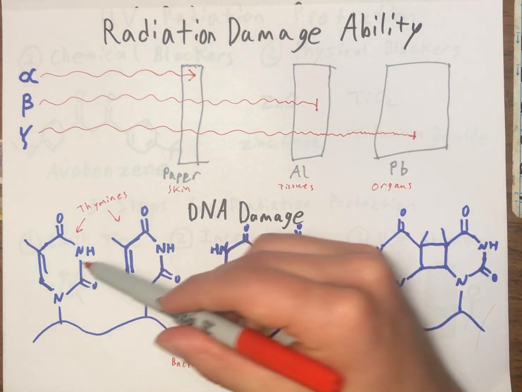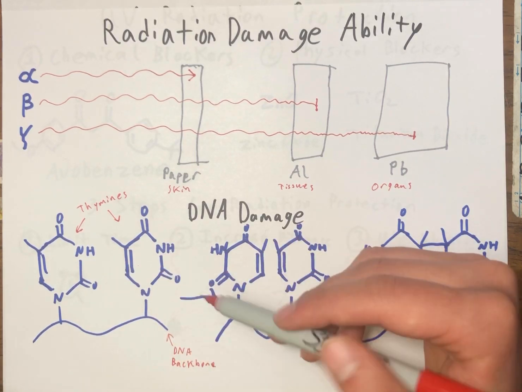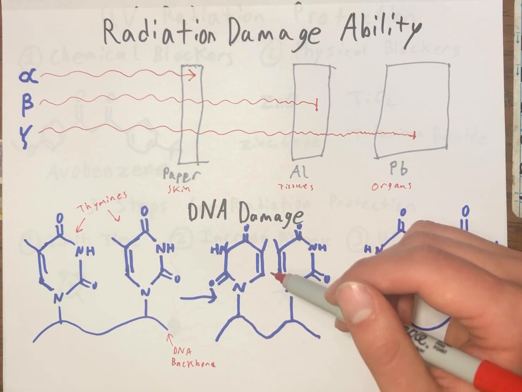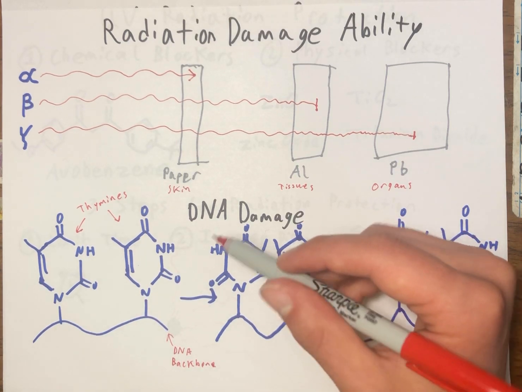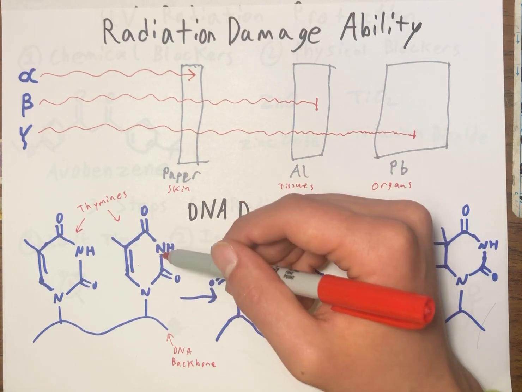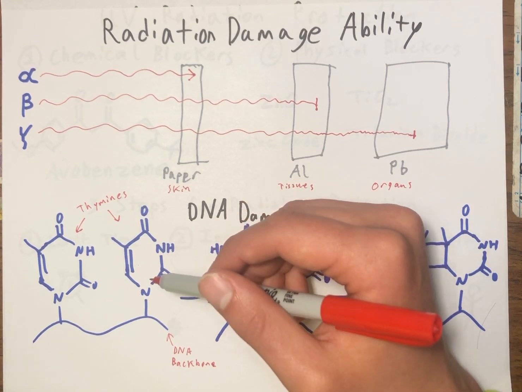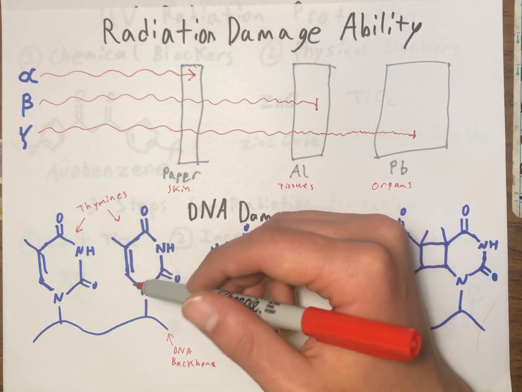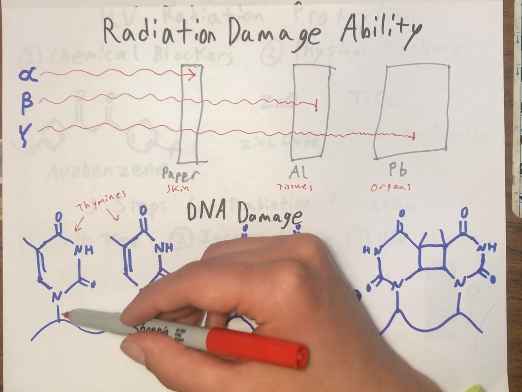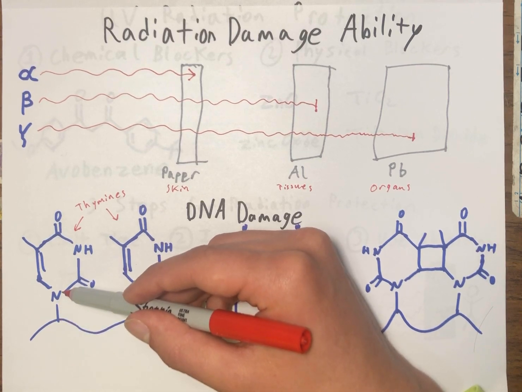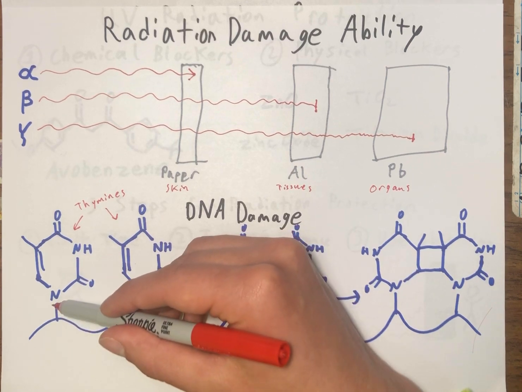And when we have 2 thymines adjacent to each other on our DNA backbone, we have the potential for some unwanted chemical reactions. I've drawn the organic structure of thymine, because radiation damage happens on a chemical level.